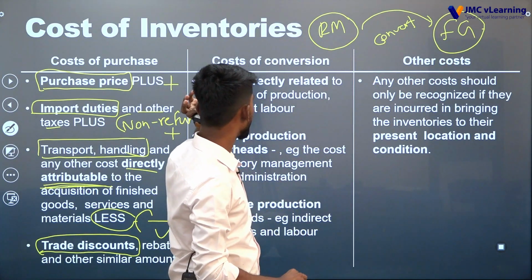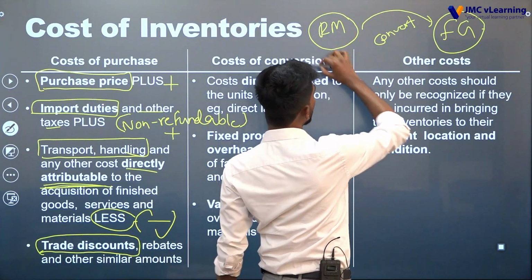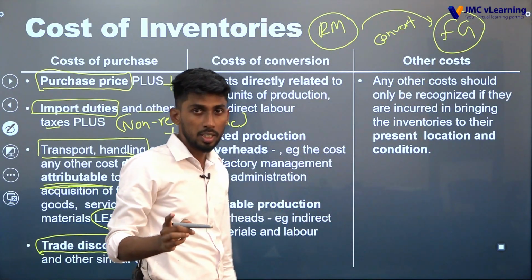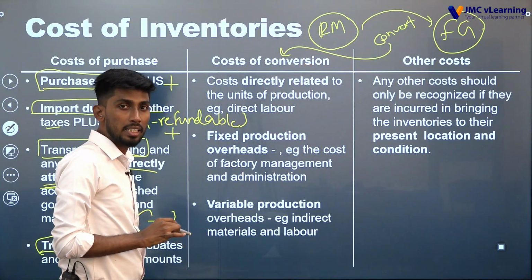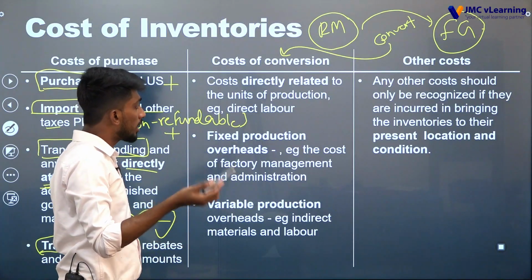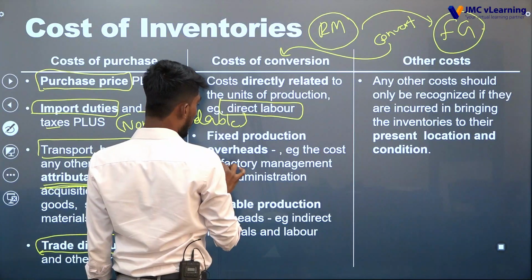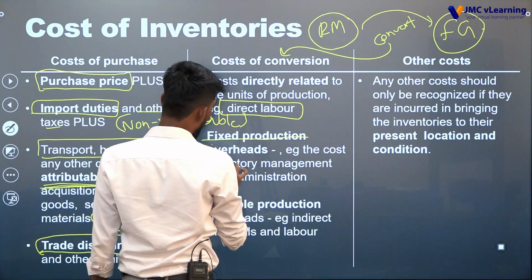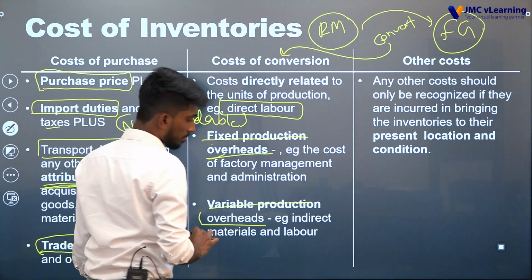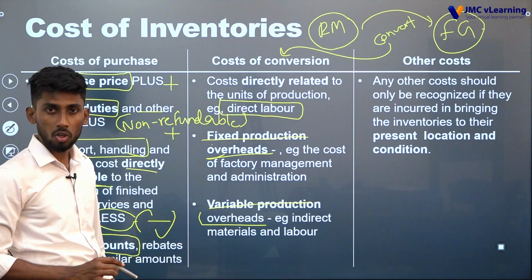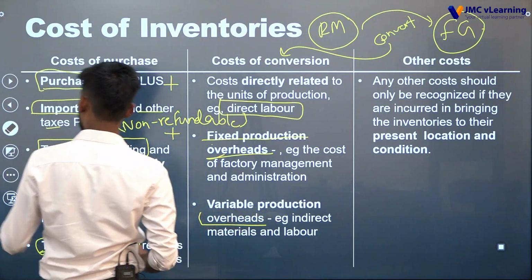Any cost that you incur when you are converting these raw materials into finished goods, those are known as conversion cost. So this conversion cost includes direct labor cost, fixed production overhead cost, and variable production overhead cost.